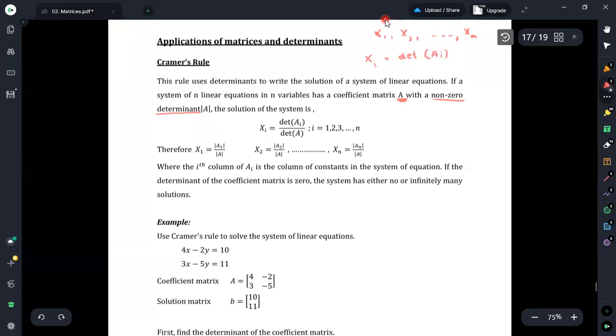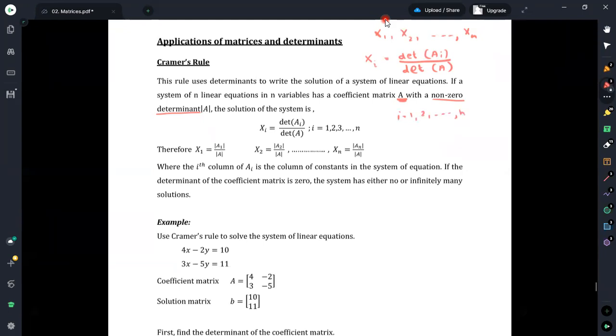This is the matrix we are forming, and this is divided by the determinant of matrix A. And this has to be repeated for all the variables, where i goes from 1 to n.